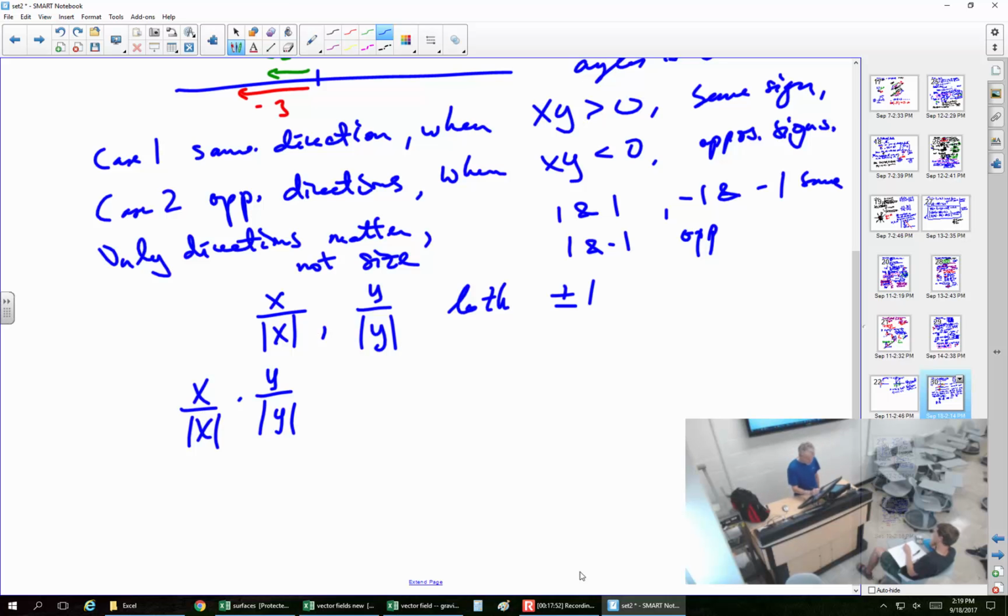Two cases: either it is equal to 1, then the angle is 0, or equal to -1, then the angle is pi.